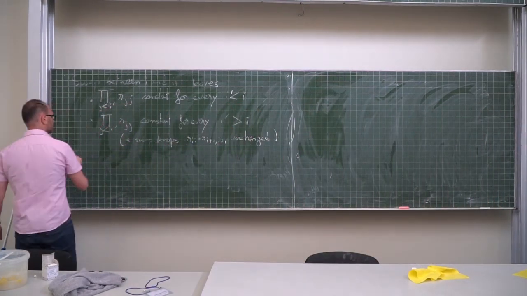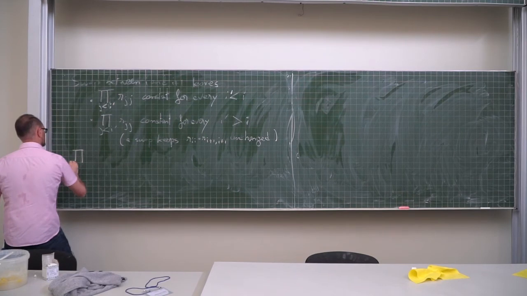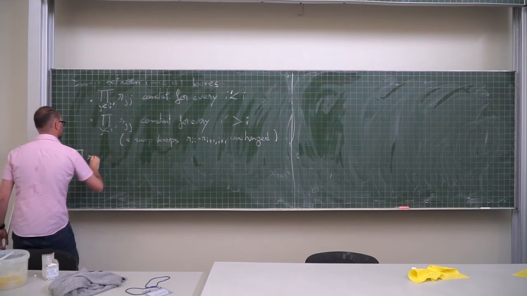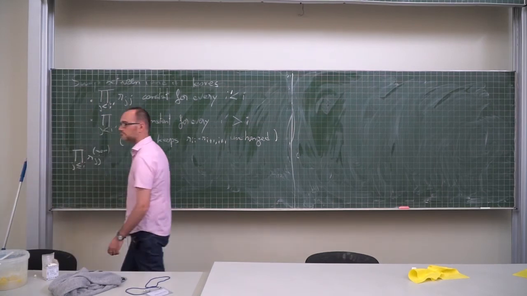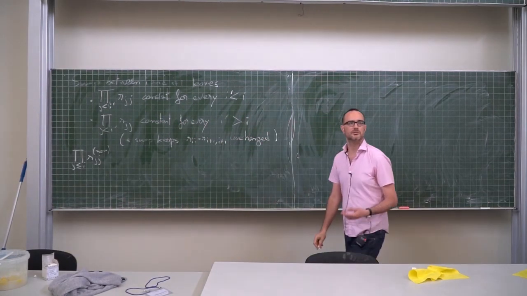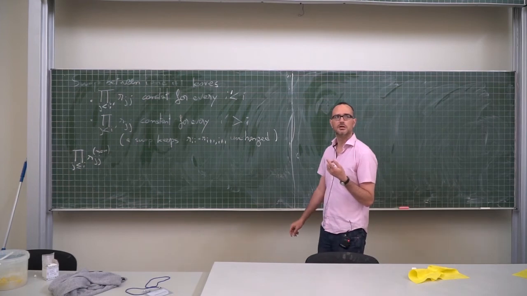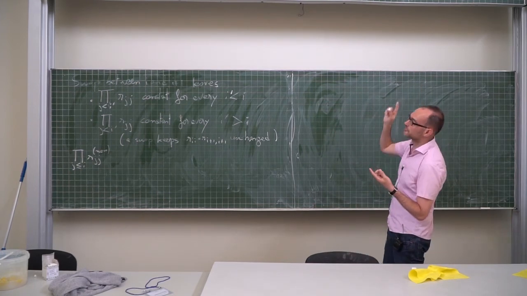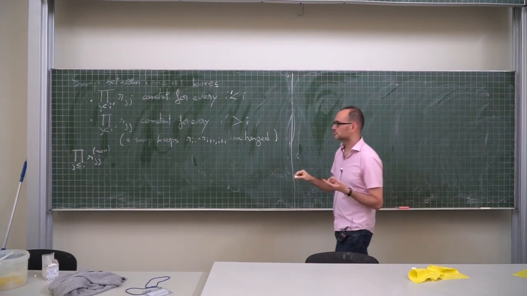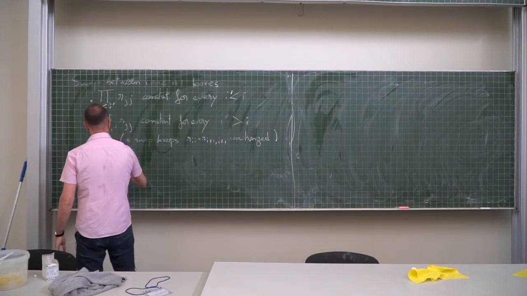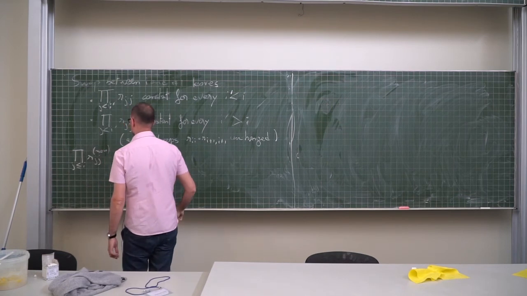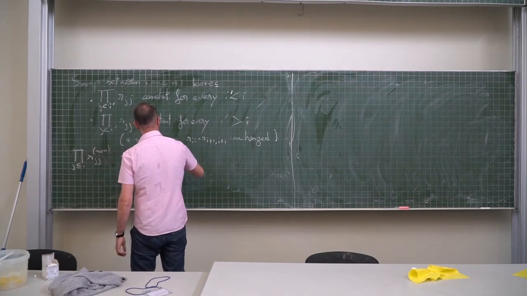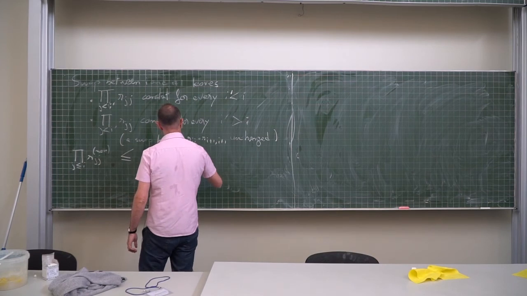So now the product for j less or equal to i of the R_jj new: in this product, only the ith term is changing, and it's decreasing by at least a factor square root 2. So it's smaller than the product of the R_jj old divided by square root 2.